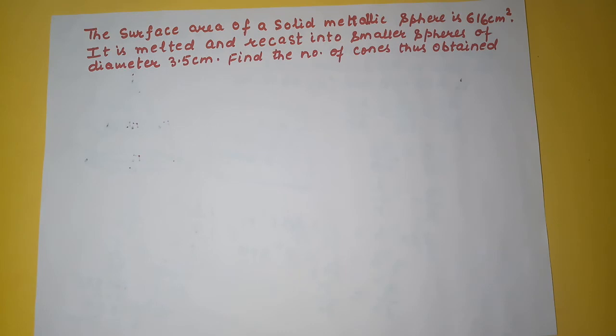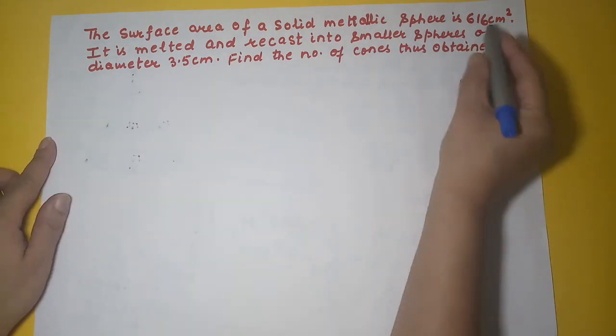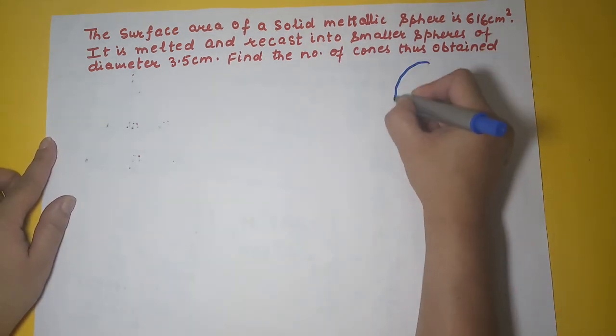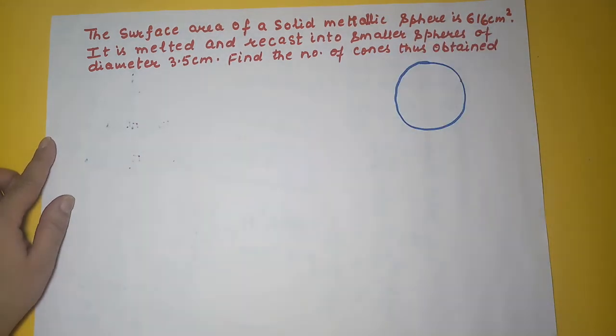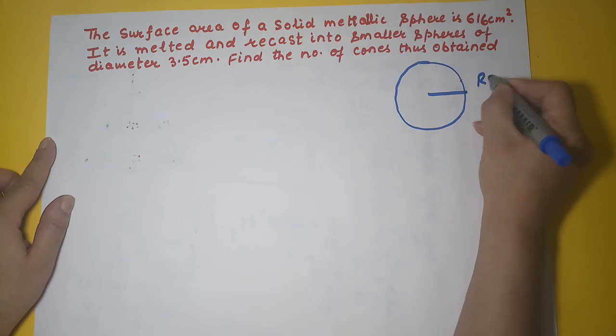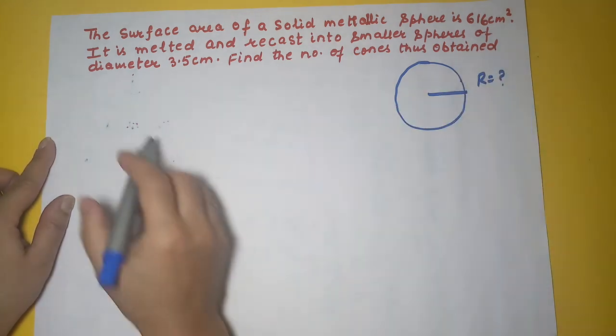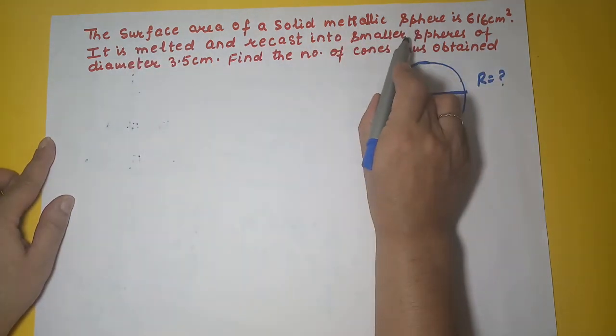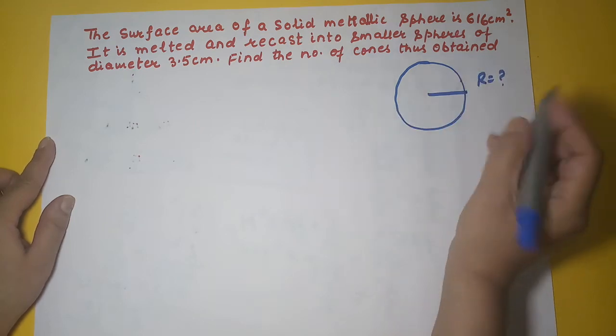Another one. In this question, he's saying that the surface area of a solid metallic sphere is 616 centimeters square. The radius we don't know, but he has given us the surface area of this metallic sphere.